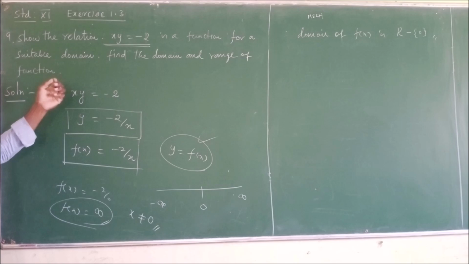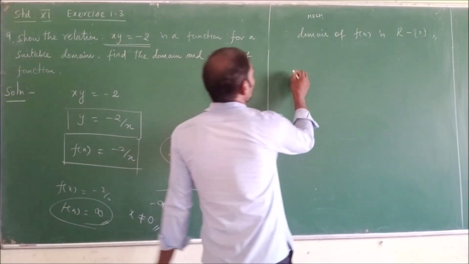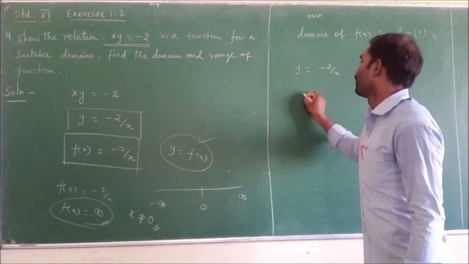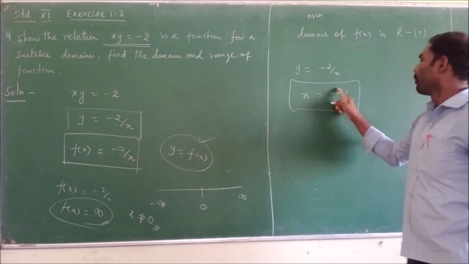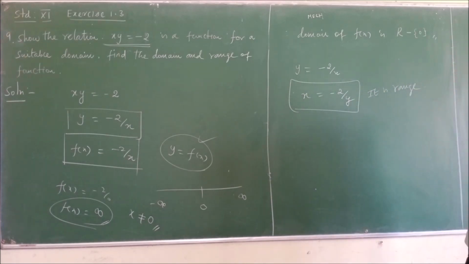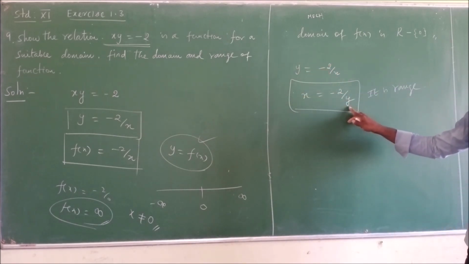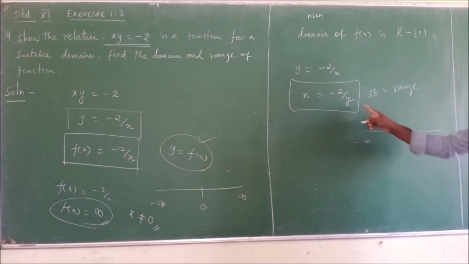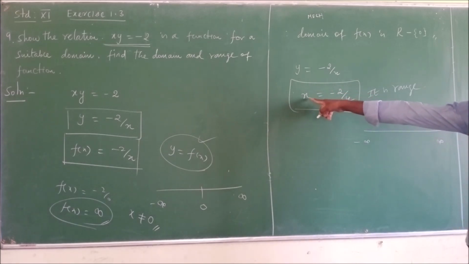Again we have to find the range. Take this function y equal to minus 2 by x. Therefore x equals minus 2 by y. The x value is domain, the y value is range. So if y takes all real values, then x cannot attain infinity.